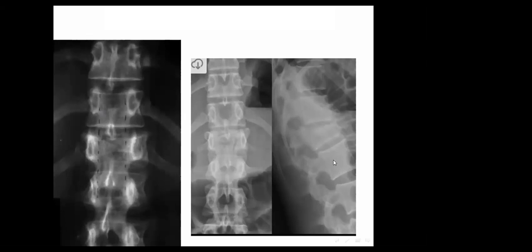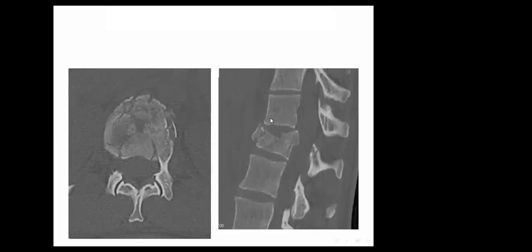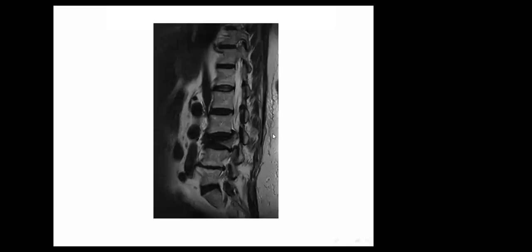The lateral view X-ray also shows the fracture. On CT, the axial section shows burst fracture with anterior and posterior cortex destruction, and the sagittal section shows anterior and posterior vertebral body destruction. MRI T2 shows the burst fracture also causing retropulsion into the spinal canal.